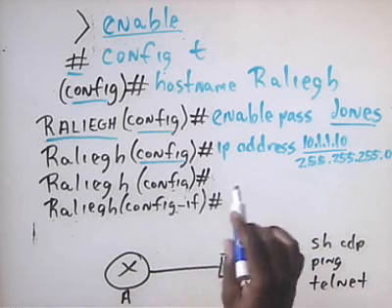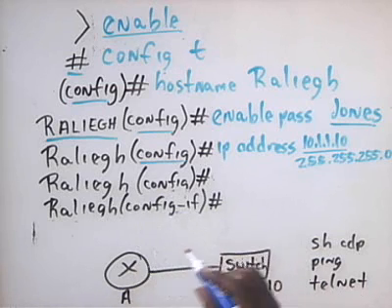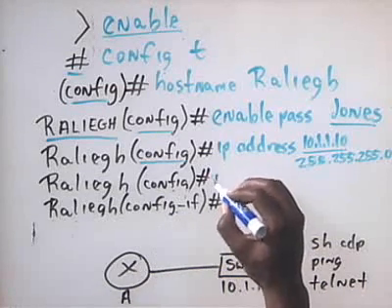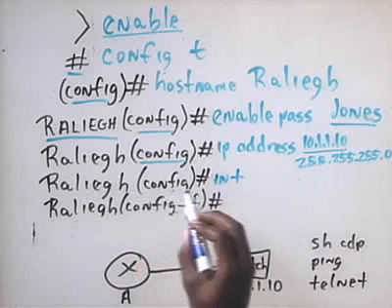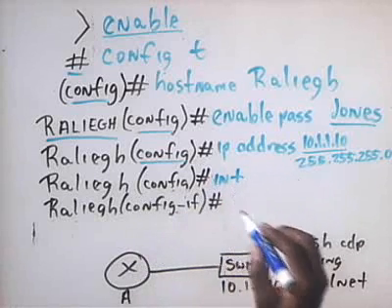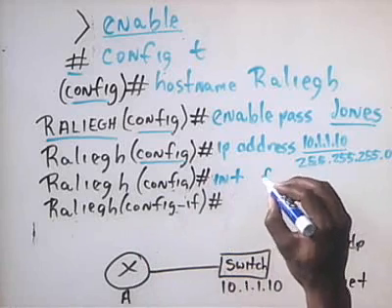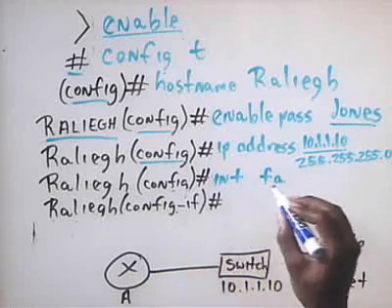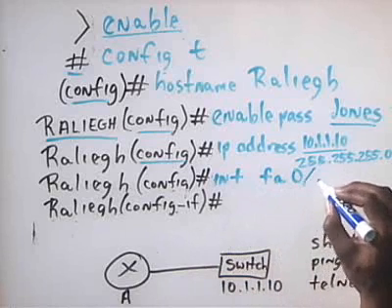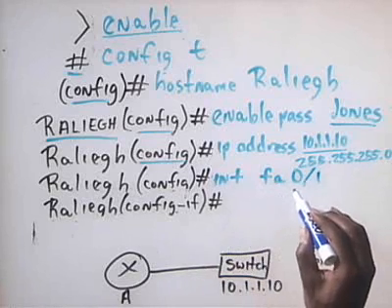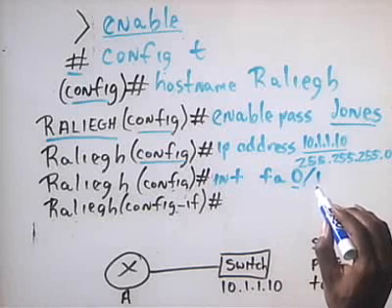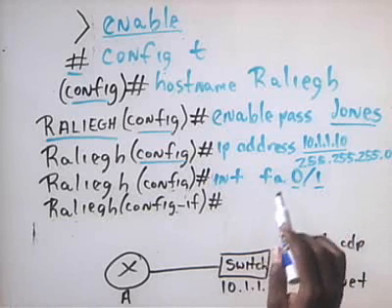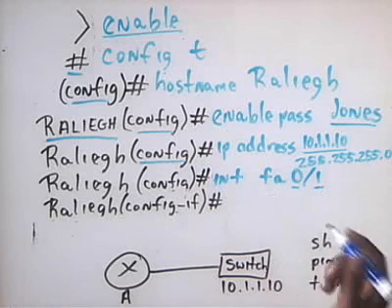How about we set a description on one of the interfaces? From global configuration mode, we type interface. Assuming we're on, say, a 2950 switch, interface fast Ethernet 0/1. This indicates the module and port, even though on the 2950 there's only one module.